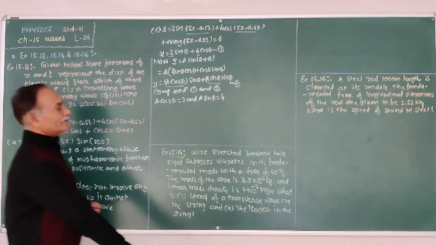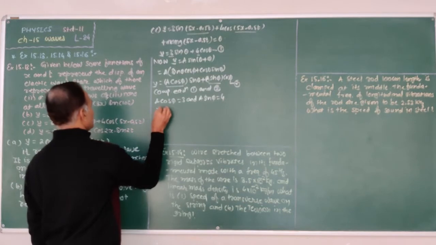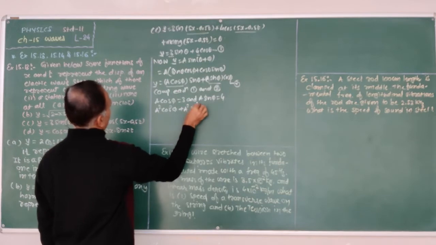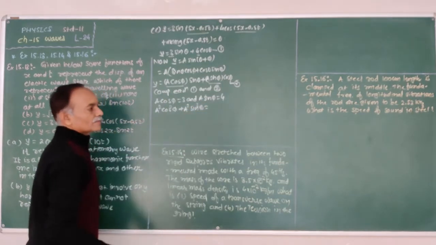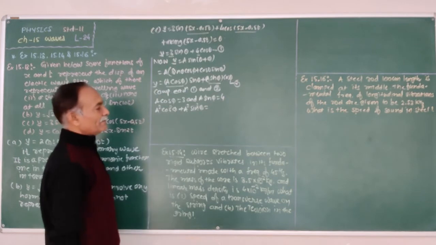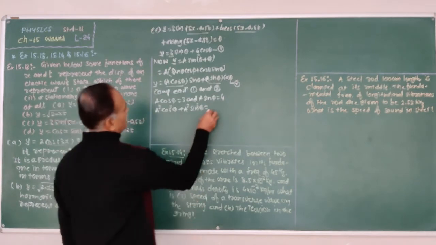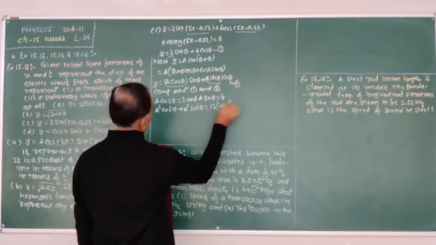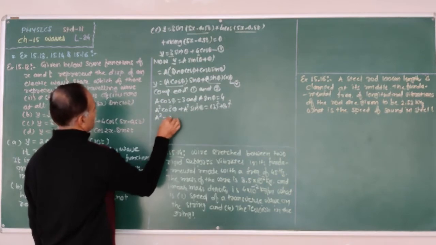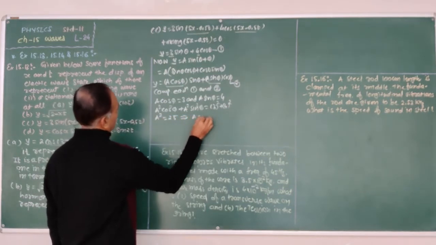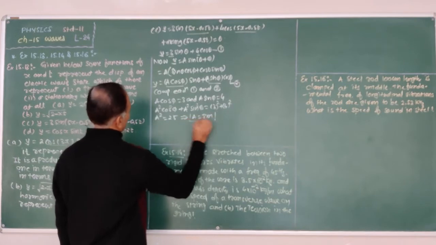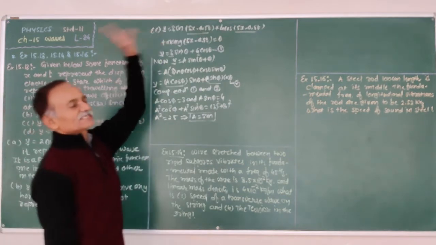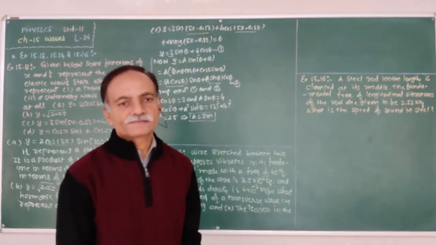To find the amplitude, we write a square cos square phi plus a square sin square phi is equal to a square, taking common, cos square phi plus sin square phi is 1. Therefore, 3 square plus 4 square, so a square is equal to 25. Therefore, a is equal to 5 meter. So that is the amplitude of the wave represented by the given equation.